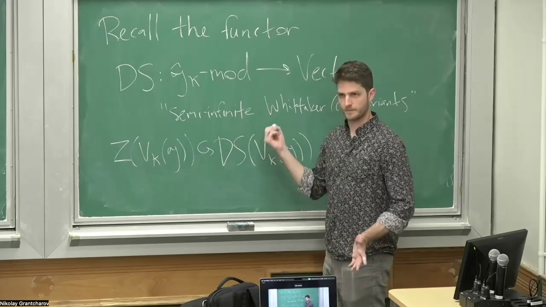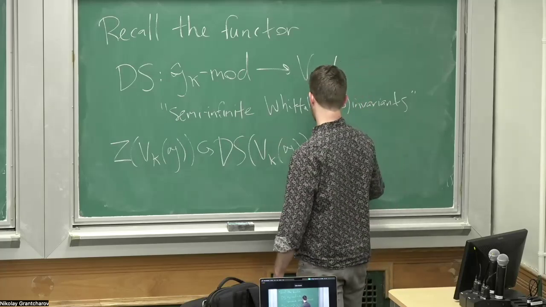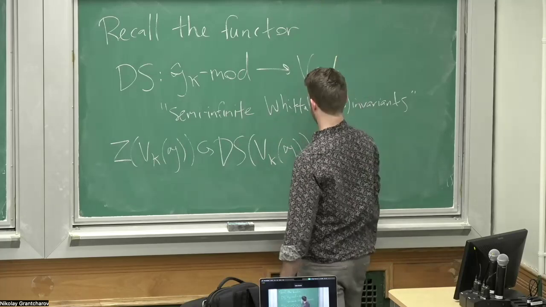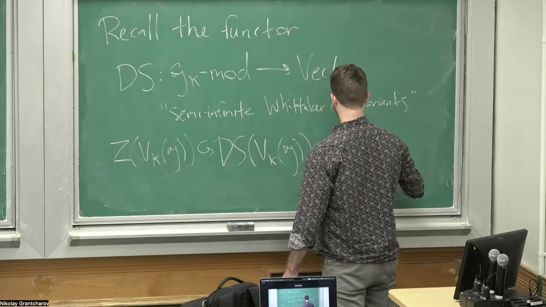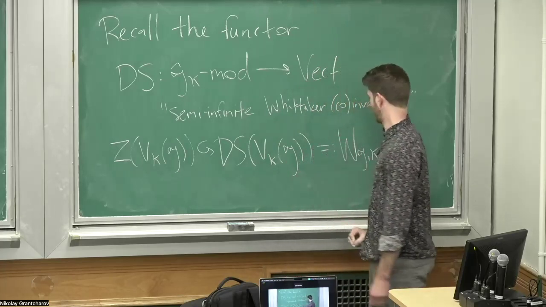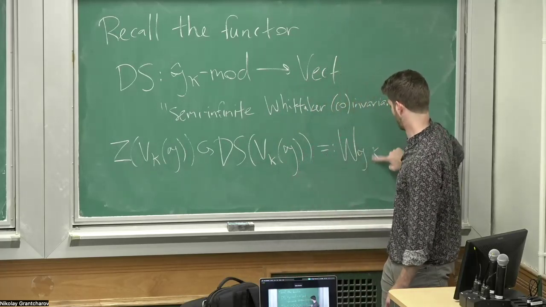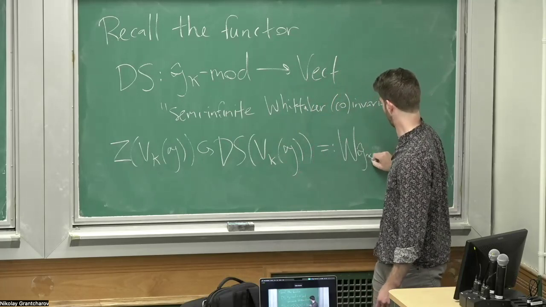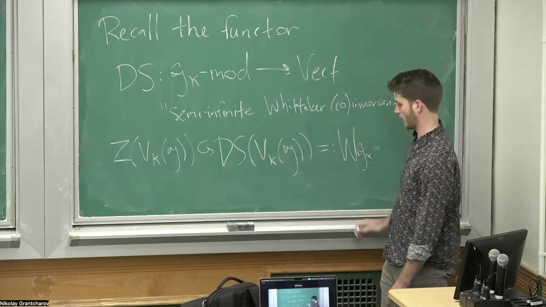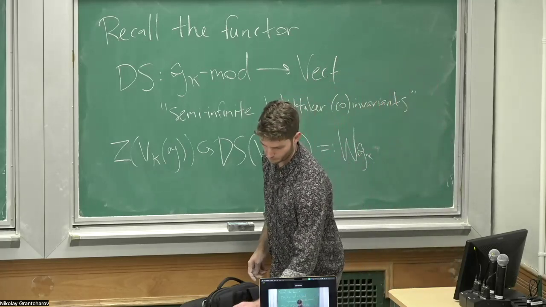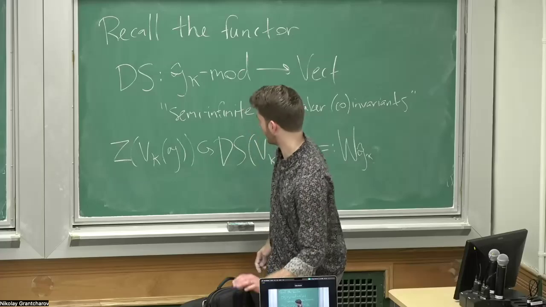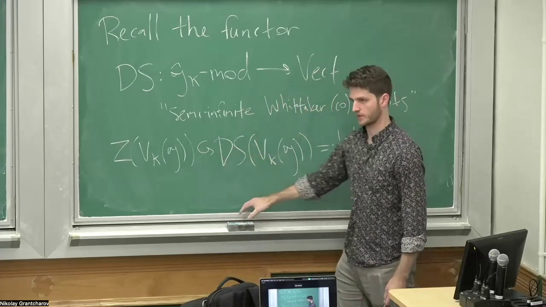And remember, by definition this was the W algebra attached to this Kac-Moody algebra, the principal one, of course. Okay, so we get an action of the center on this W algebra.